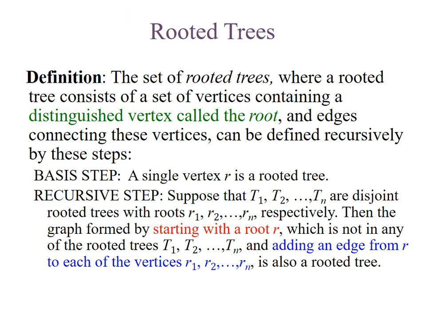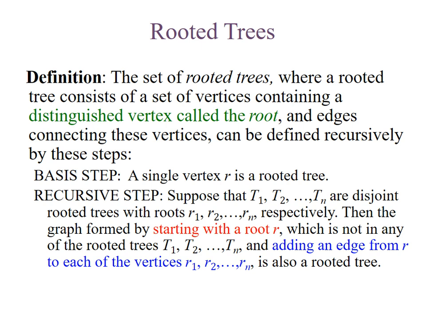Okay, next let's see a new definition for rooted trees, because we are trying to prove properties for different structures, such as trees. So let's see the definition of a rooted tree.